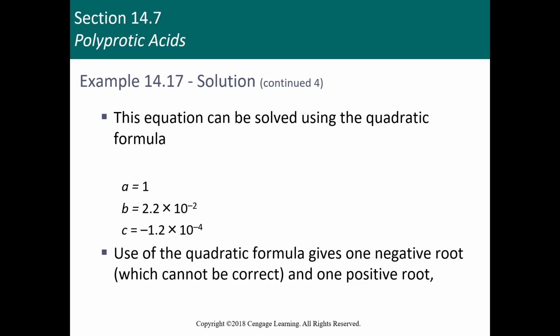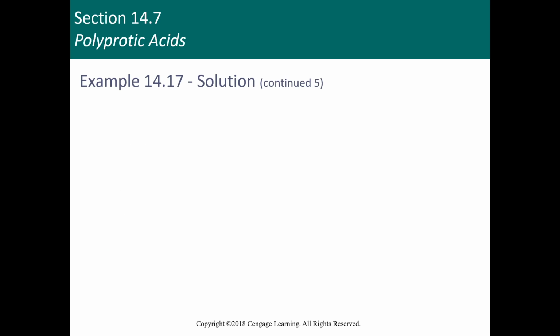This can't be correct. We can't have a negative value. And so we have to take the positive root, which is that. So 4.5 times 10 to the negative 3. And there's your quadratic equation, by the way. I finally gave it to you. If you didn't look it up on the internet, because we're all hooked up right now. All right. Anyways, there's your quadratic equation if you didn't already get it.